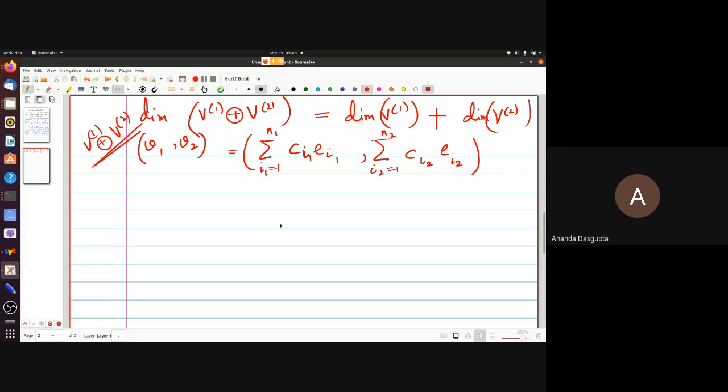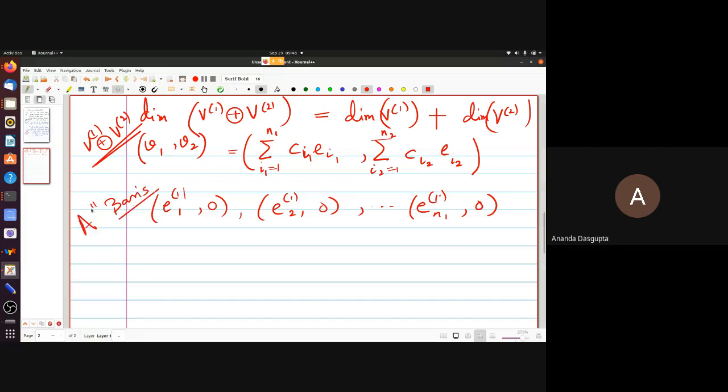And this immediately shows you that the basis for V1 plus V2 can be formed simply by this. Take E1 1, 0, E1 2, 0, all the way down to E1 N1, 0. So this is the basis choice.